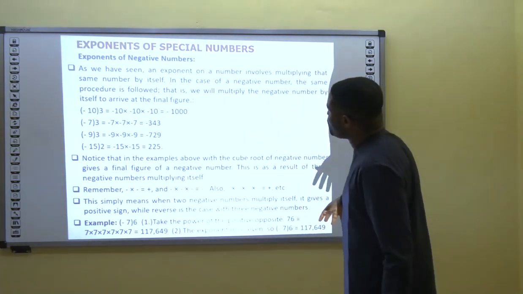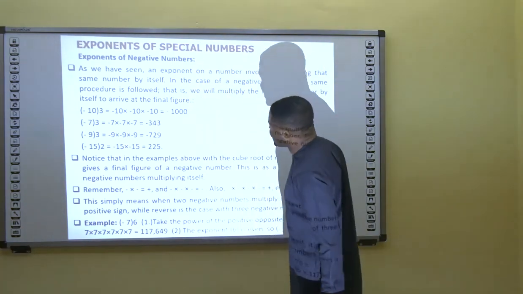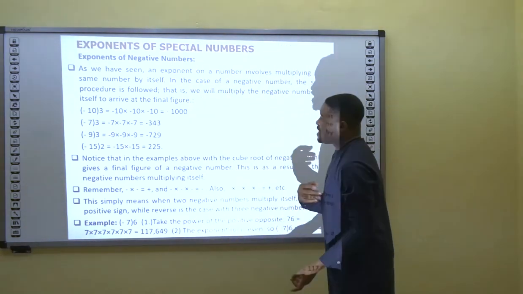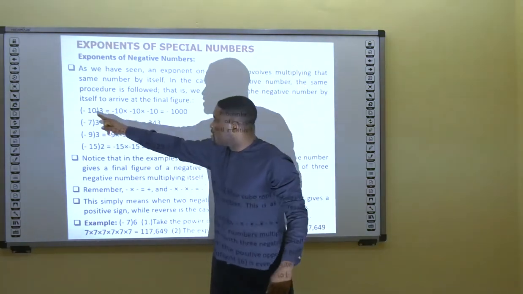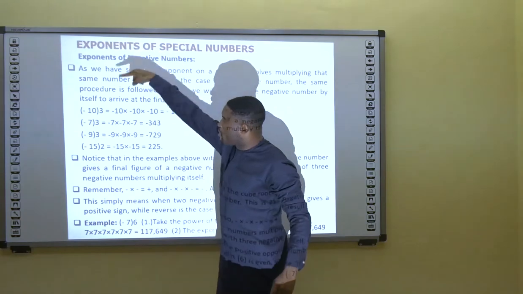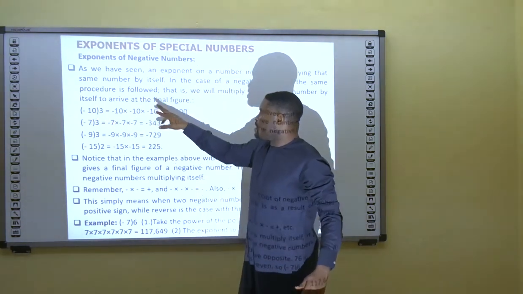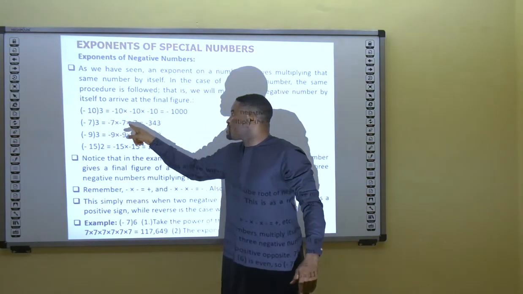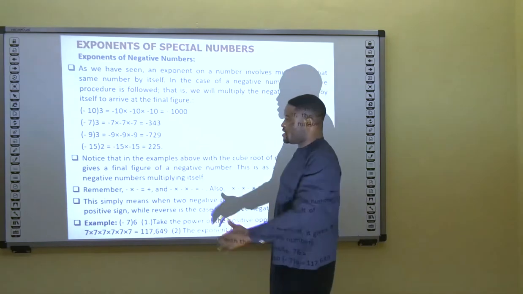Then we have forms of exponents in negative numbers. When you have negative numbers, the exponents can also be in negative form. So here in this case, we have minus 10 raised to the power 3. Please, this is raised to the power 3 and not 10 times 3. When you do that, you see that minus 10 times minus 10 times minus 10 will give you minus 1000, and so forth.